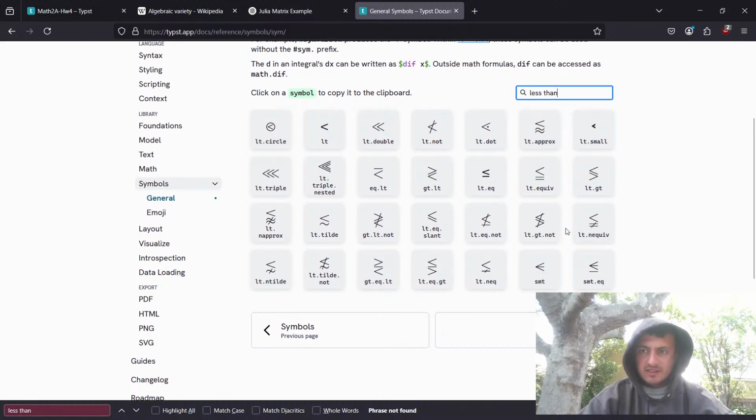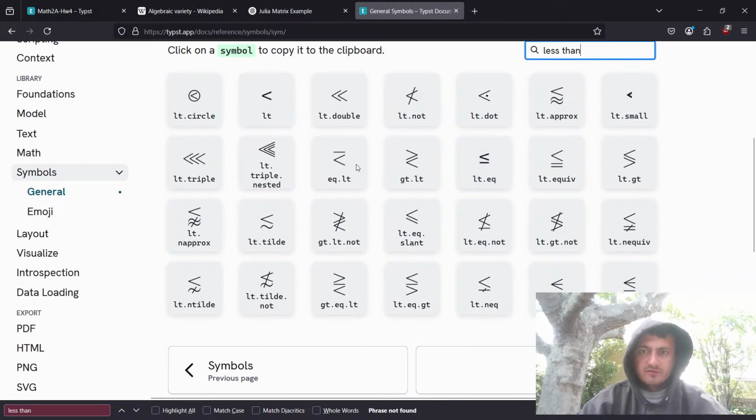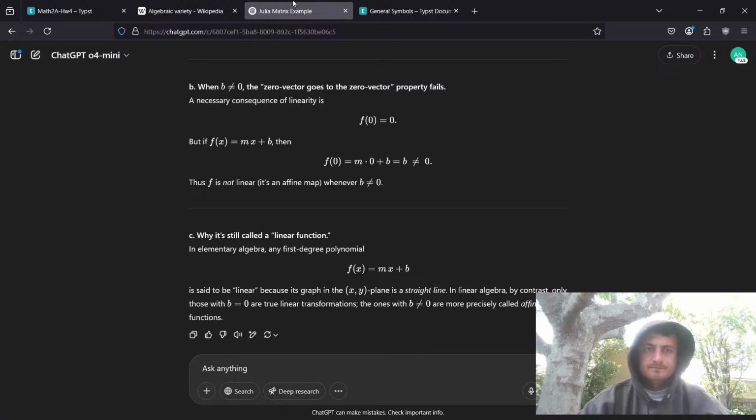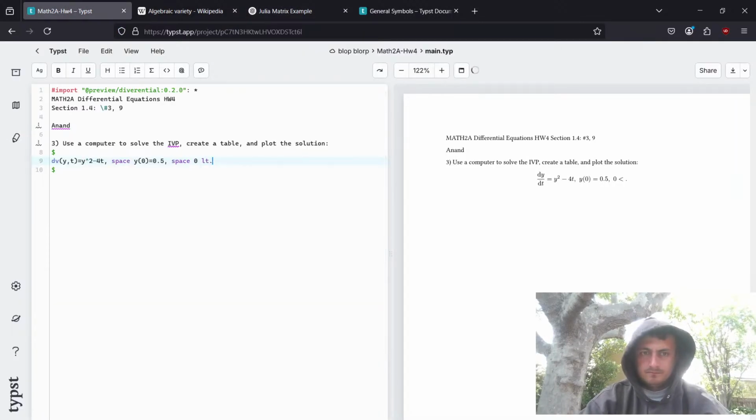It's probably LTE. Is it this one? Why is it bold? Why is it so much bolder than the other one? Okay, that's it.